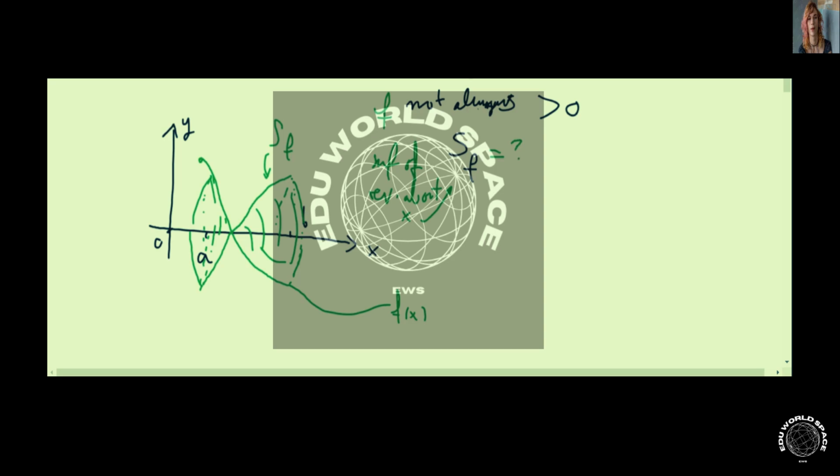As you can see, assume that this point is C. So f of x is this original function, and f of x is positive between a and c, and f of x is negative between c and b.